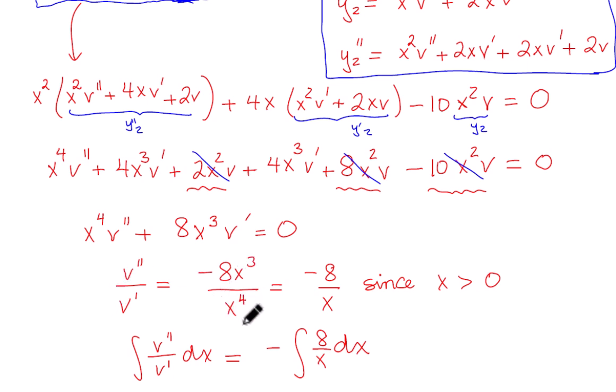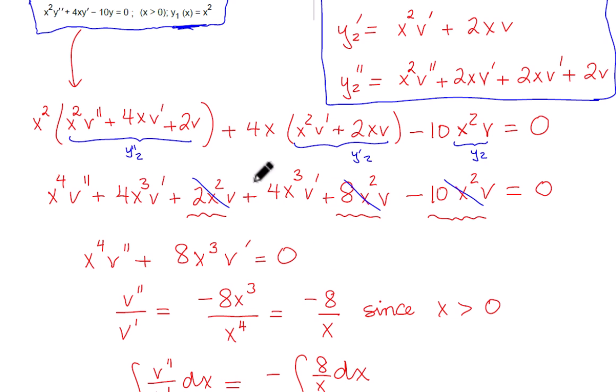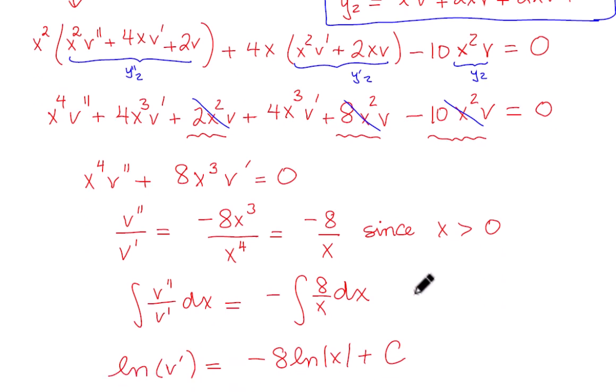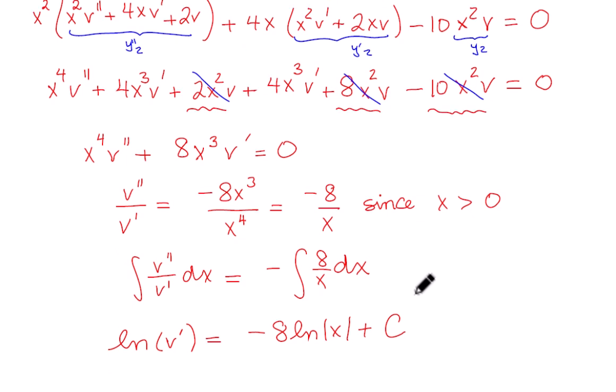Okay, so that looks good, and this simplifies to minus 8 over x. And then this is okay. It is undefined at the origin, but if you remember up here, they told us that the x of concern is greater than 0.